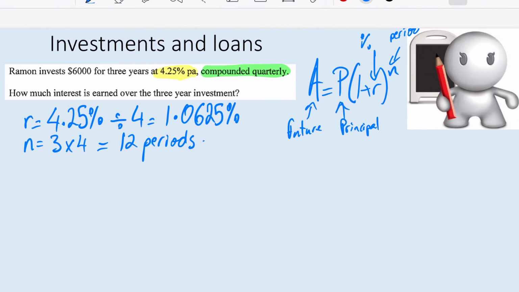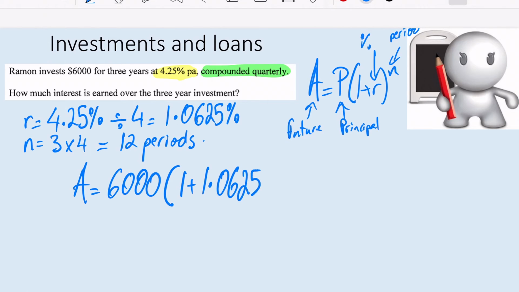And now I'm actually ready to substitute. So A, the future value, is equal to 6,000(1 + the new value for R)^12, the new value for N.